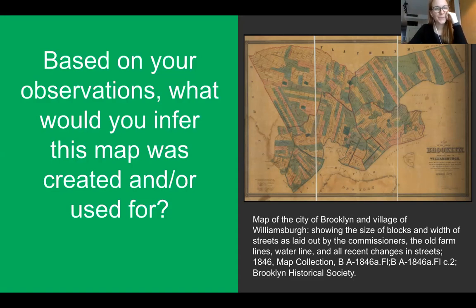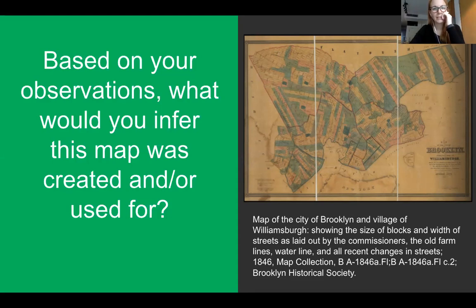Yeah, it's true. So based on your observations and also what we learned from this title, what would you infer that this map was created and or used for? Any ideas?